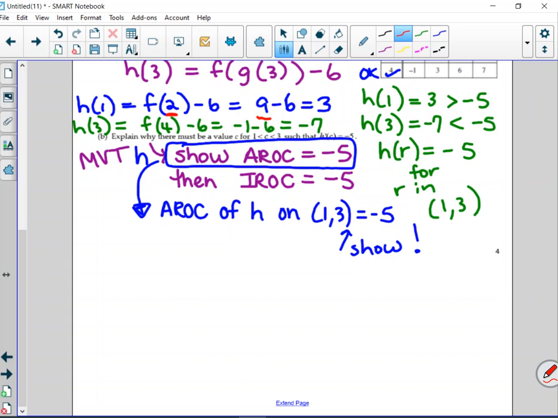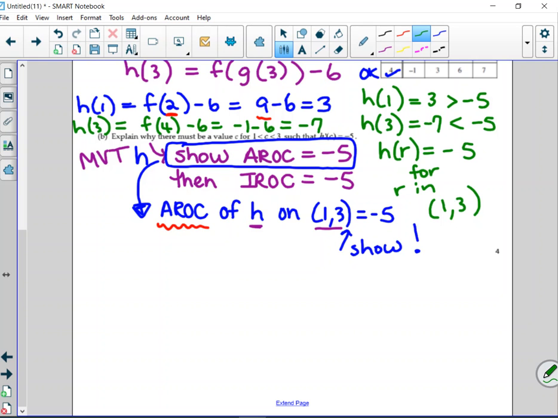What is that calculation? The average rate of change of h between those two numbers. It doesn't matter that it's an h; it could be an f, any letter. How do you do an algebra 1 slope?